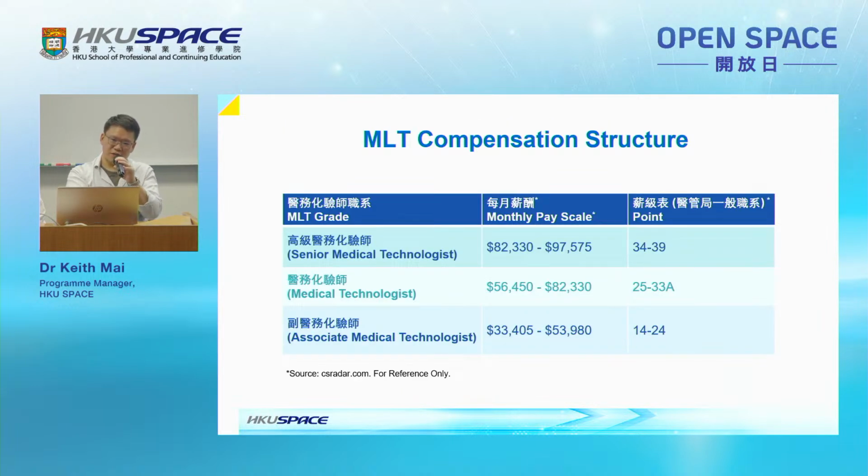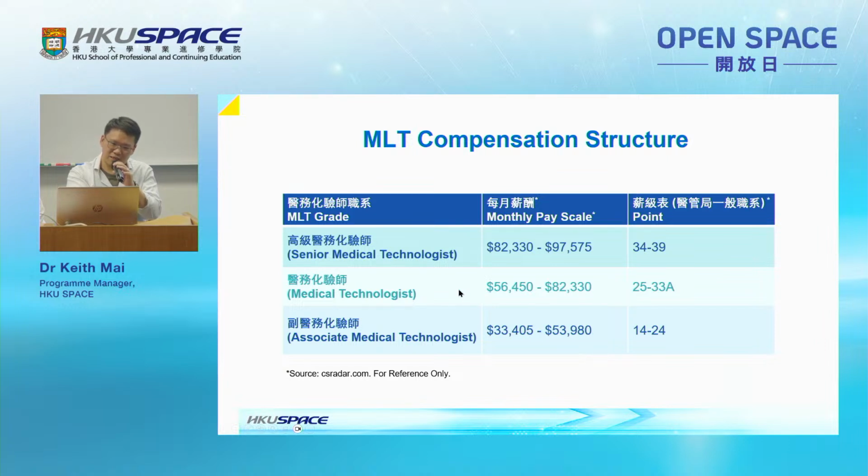So in terms of the compensation structure, the field of medical technologists is, I think, quite well paid in Hong Kong. These figures have risen a bit this year. These are MLTs in the public hospital system. They will generally have a starting range of around 34,000 now, and then go up to maybe 50-something thousand.